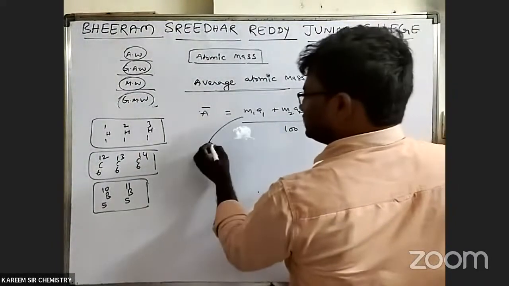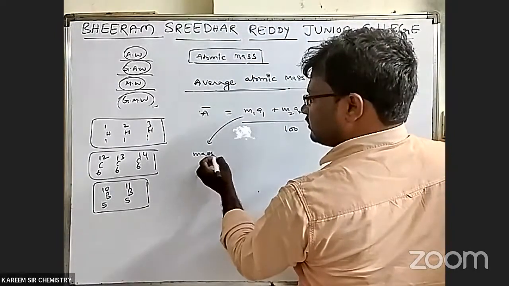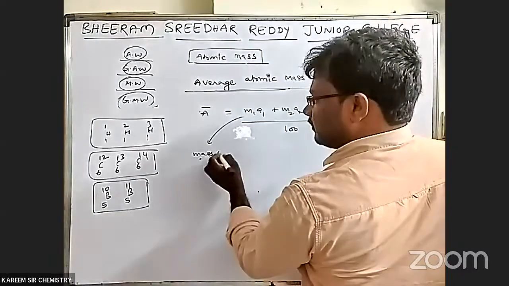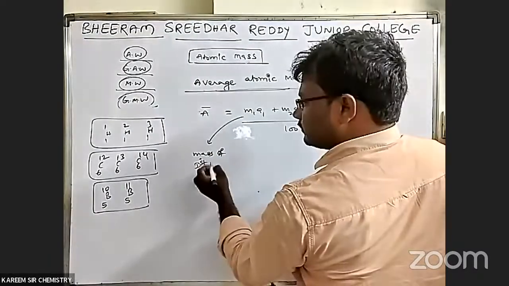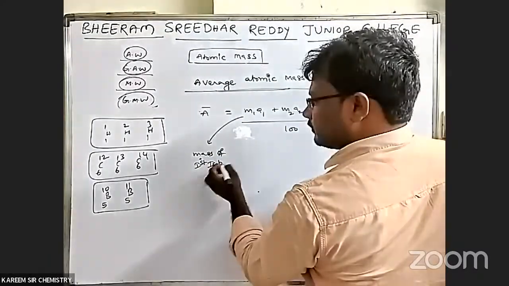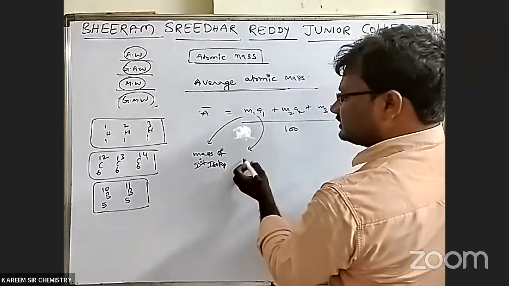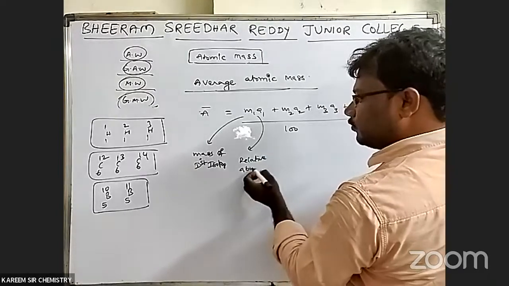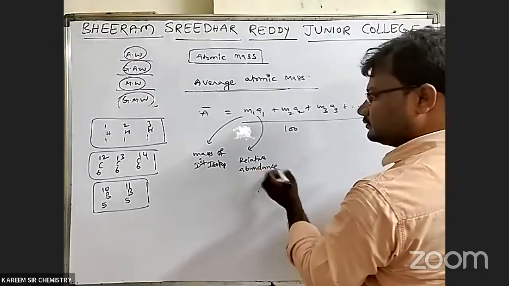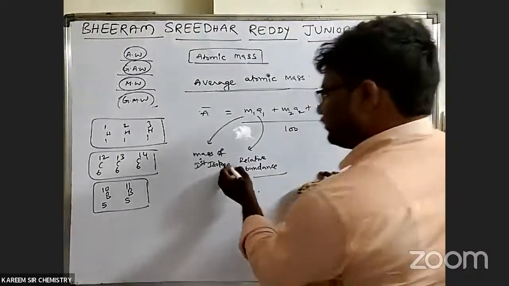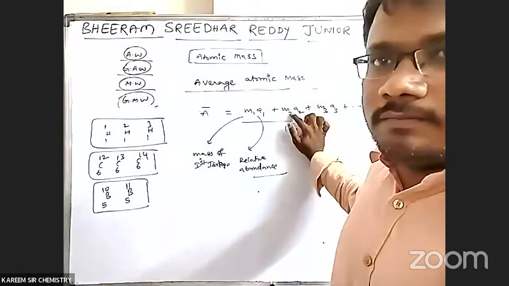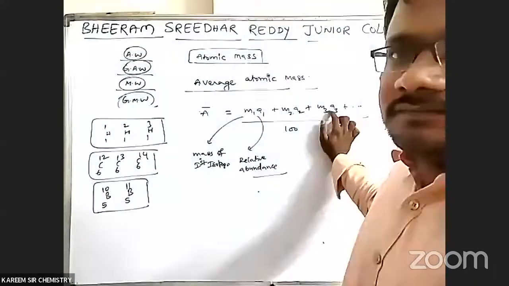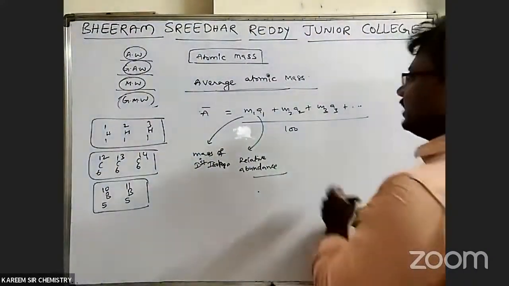Here M1 is the mass of the first isotope, and A1 is its relative abundance. Likewise M2 is the mass of the second isotope and A2 its relative abundance. Mass of the third isotope, relative abundance, divided by 100.